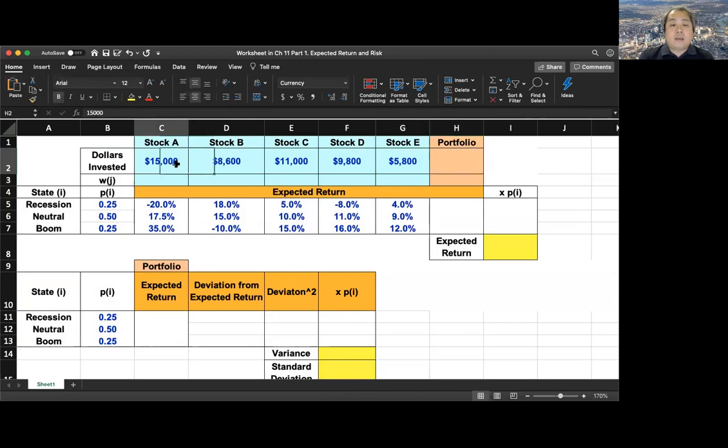Weight will be dollar invested divided by total investment, $50,200. After finding weight, we can compute the portfolio expected return of each scenario.